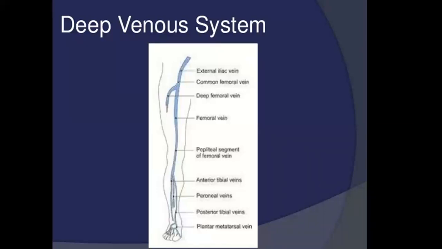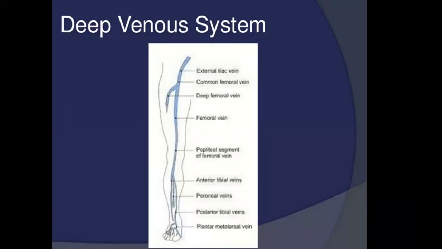The femoral vein, I told you, is formed from the continuation of the popliteal vein, and the level you should remember is the opening of the adductor magnus muscle. It then ascends in the adductor canal, the Hunter canal, or the femoral canal in the femoral triangle, and is enclosed by a sheath of deep fascia, which is known as the femoral sheath.